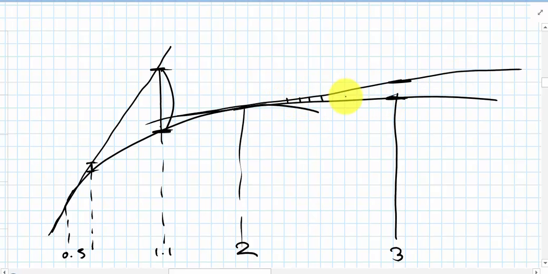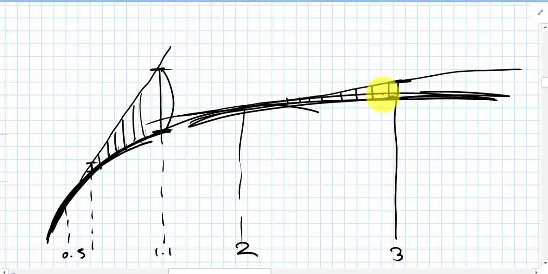You see all these errors right here? They're not growing as fast as they were around 0.5 because the graph curves much more there than here. The graph is flatter here. It doesn't curve as much. So the curvature of the graph is an important consideration when we do the tangent line approximation, okay?